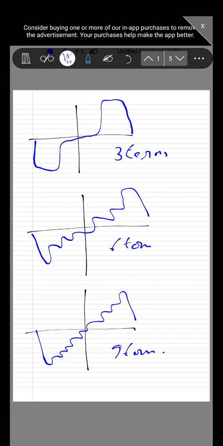So what we can see is that when the number of terms increases, a better agreement is obtained.